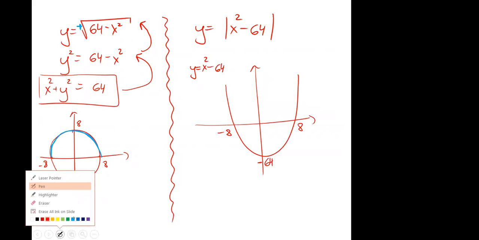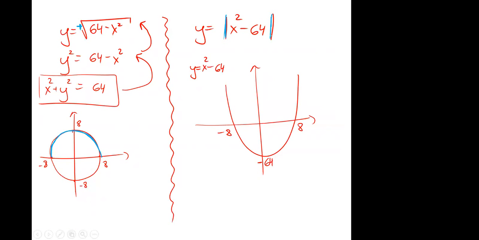Now, taking the absolute value, what does this mean? If I have positive numbers inside, the absolute value of a positive number is just the positive number. That means this will stay, that's positive. Above the x-axis are the positive values, right? Now, the absolute value of negative numbers, they simply become positive.